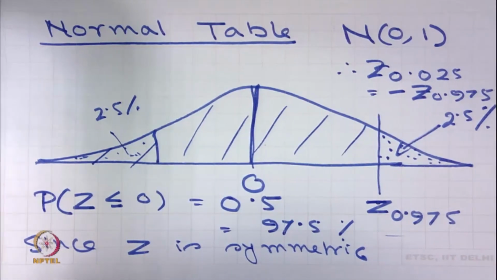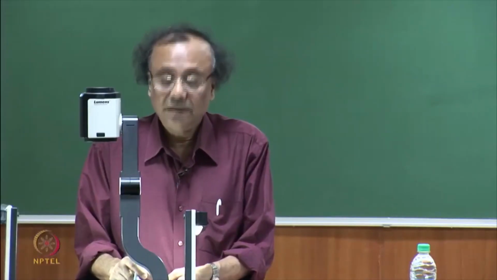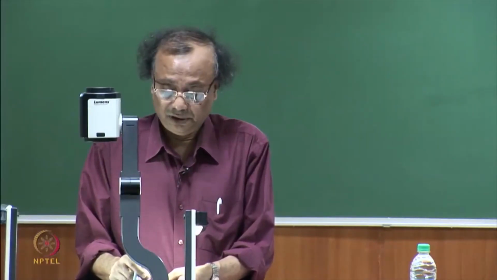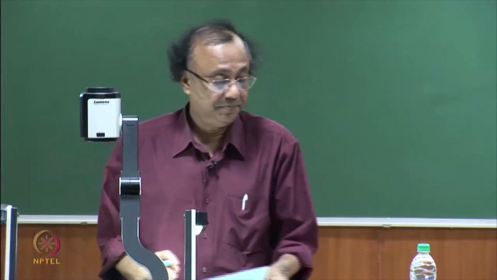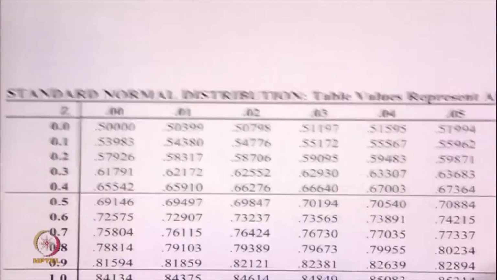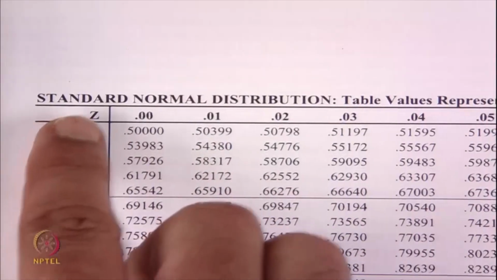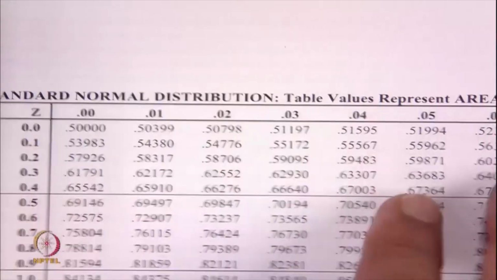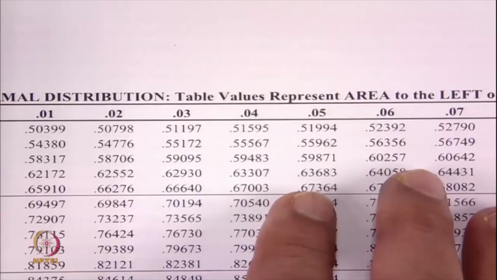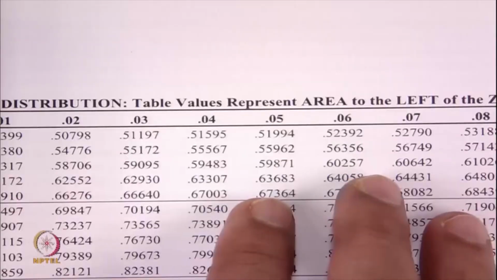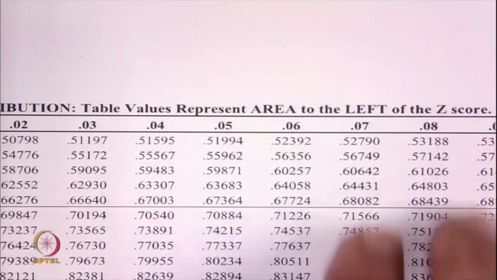So, there are tables where these values are tabulated. First, let me show you the normal table. If you look at the table, it is showing standard normal distribution table values represent area to the left of the Z score, as you can see.